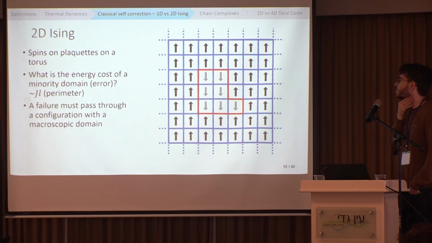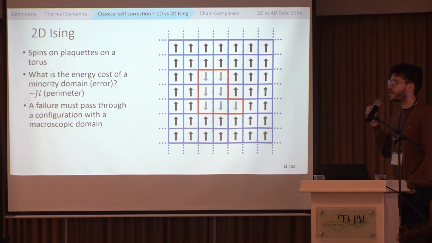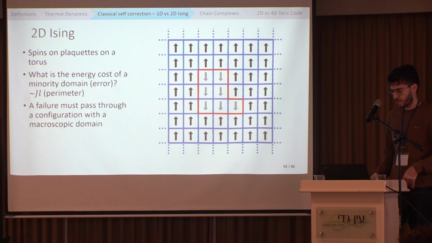We also notice that for a failure to change our logical, the mean magnetization, we must pass through a configuration of a macroscopic domain, a large arrow domain which is comparable to the size of the system. Sorry, can you say that again?